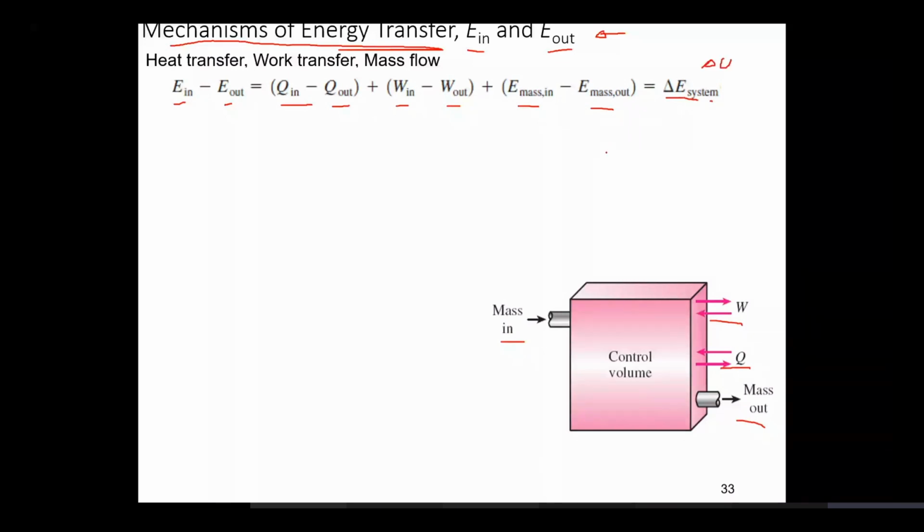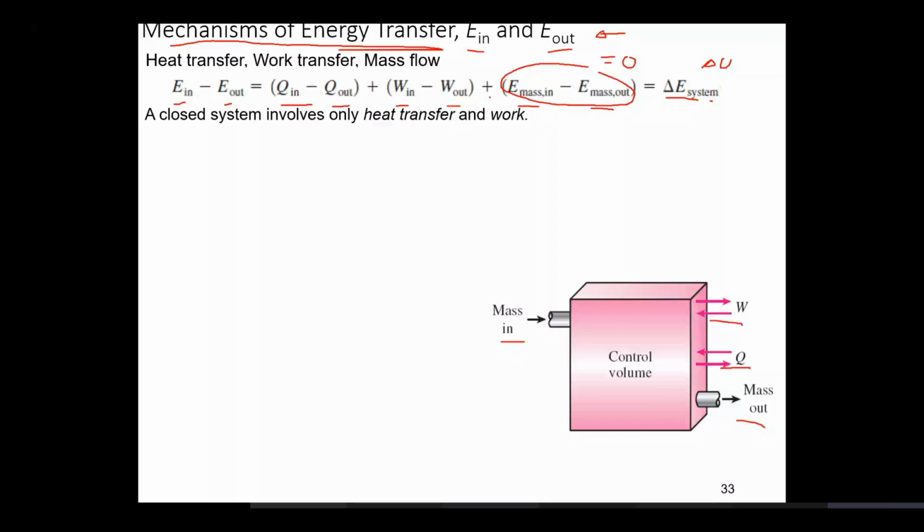Is it clear so far? Yes, sir. All right, great. Again, for a closed system, this term, that means this portion of your equation, would essentially be zero. So you'll have only Q in, Q out, work in, work out. That would contribute towards the total energy of a stationary closed system.